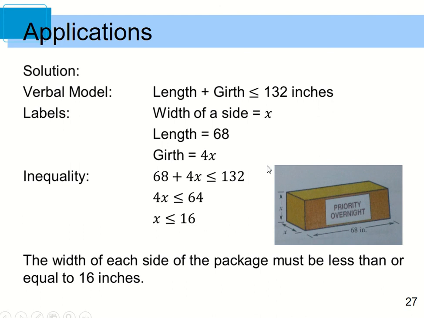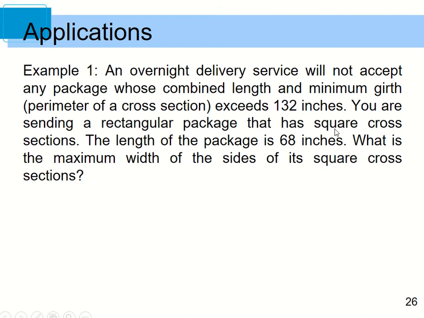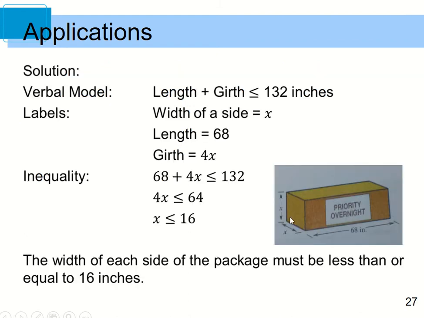Since the question says it's a square cross-section, this will be x and this will be x as well. So what is the girth? The girth is actually the perimeter of the cross-section.